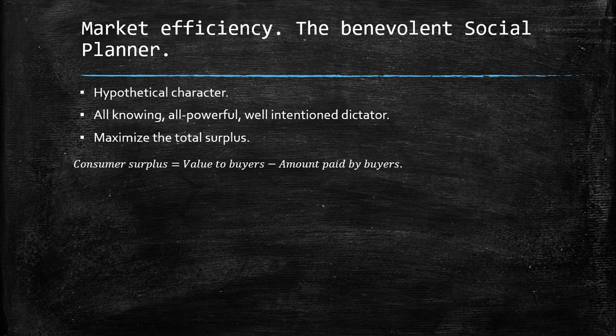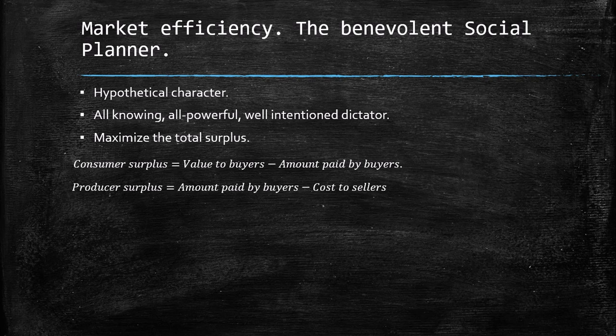He will try to make everybody better off in some way. So we know that the consumer surplus is defined by the value to buyers, their willingness to pay, minus the amount paid by buyers. So every time the amount paid by buyers is lower than the value to buyers, we have a positive consumer surplus.